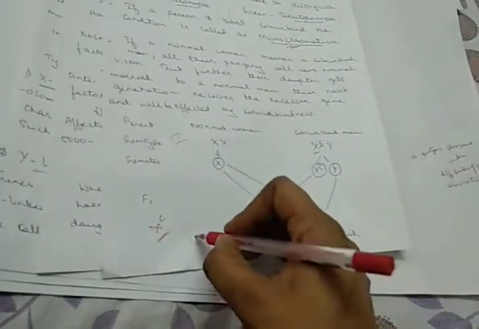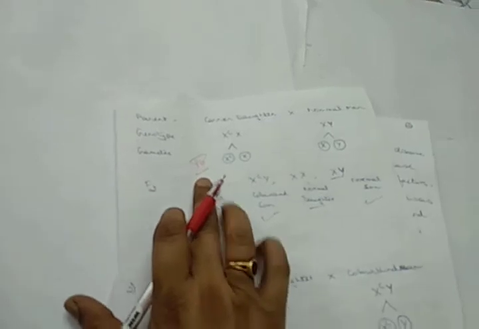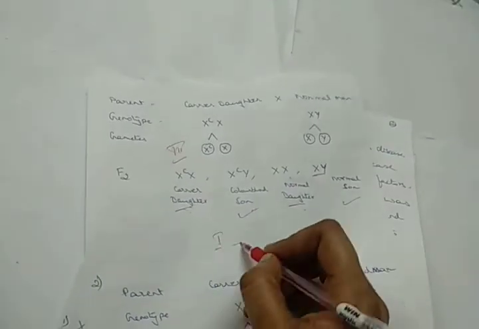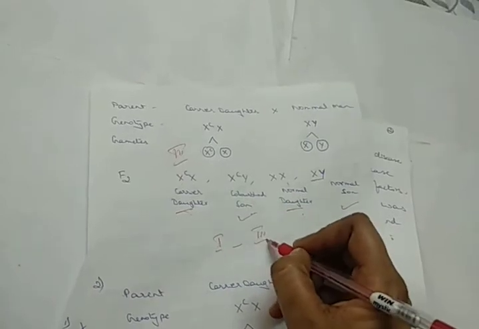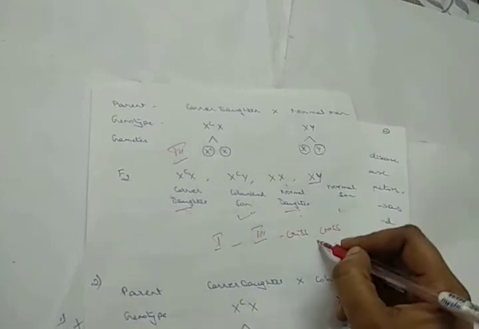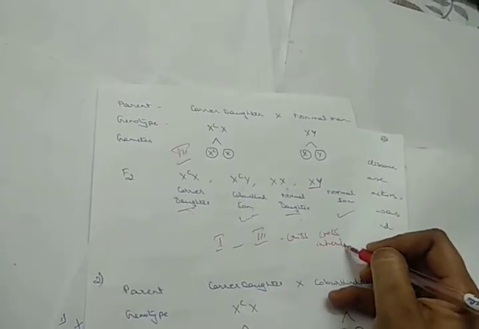What you can understand here is, if you call this the first generation, this the second generation, and this the third generation, the recessive gene is transmitted from the first generation to the third generation, which is explained as crisscross inheritance.